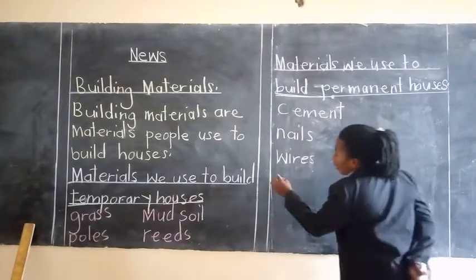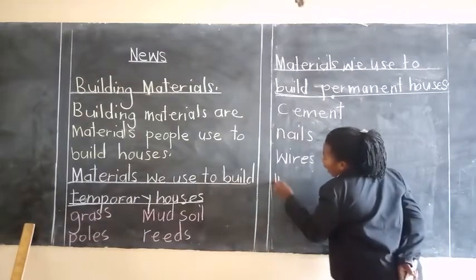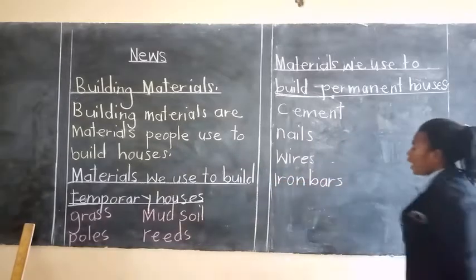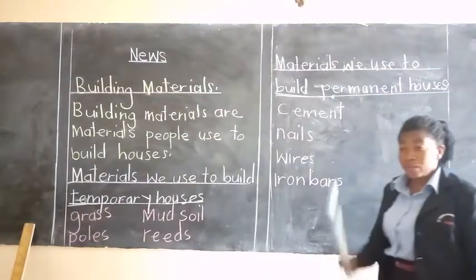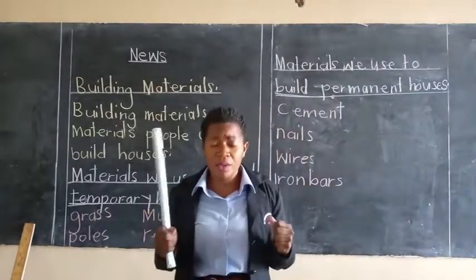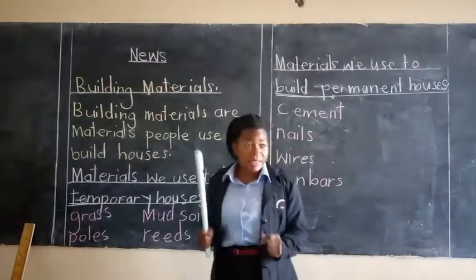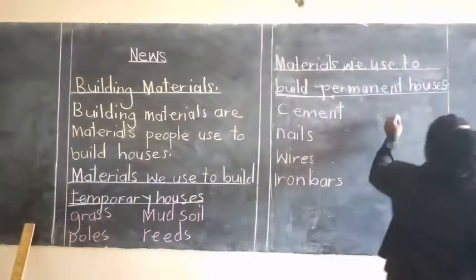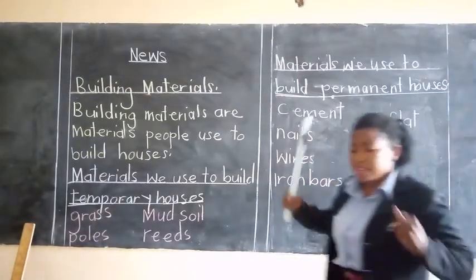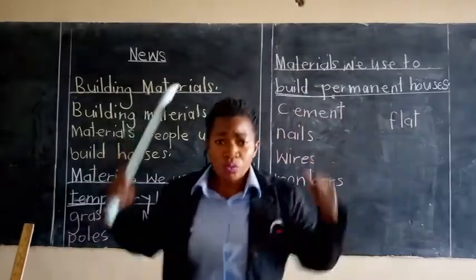We also have what we call iron bars. These iron bars are used when we are building very strong houses or strong buildings like a flat. They can put them there to make the building very strong.